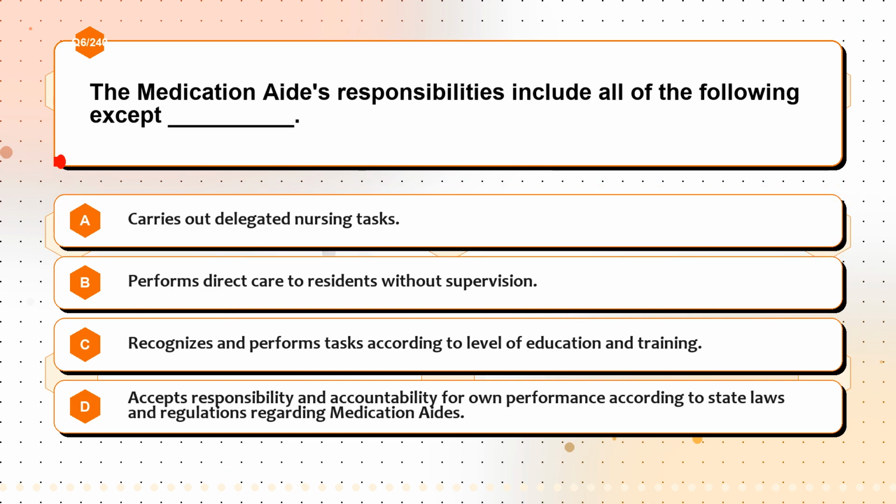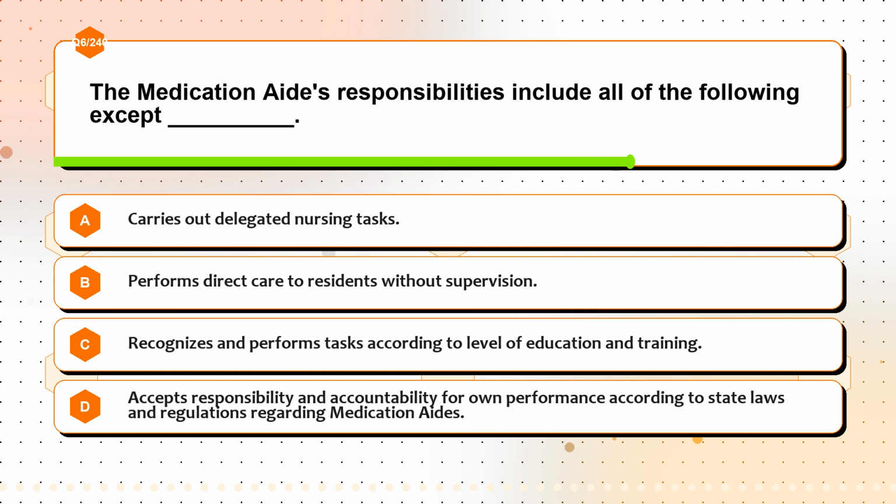Question 6. The medication aide's responsibilities include all of the following except blank. Here are the options. Option A, carries out delegated nursing tasks. Option B, performs direct care to residents without supervision. Option C, recognizes and performs tasks according to level of education and training.